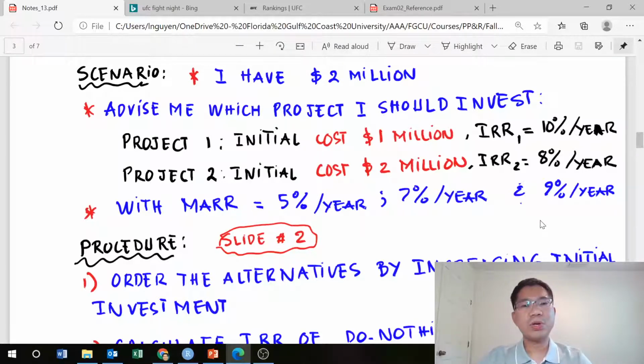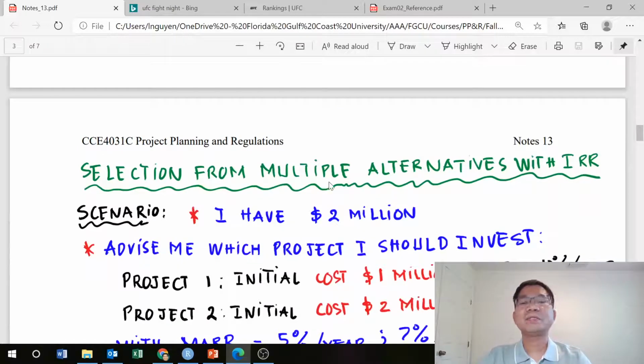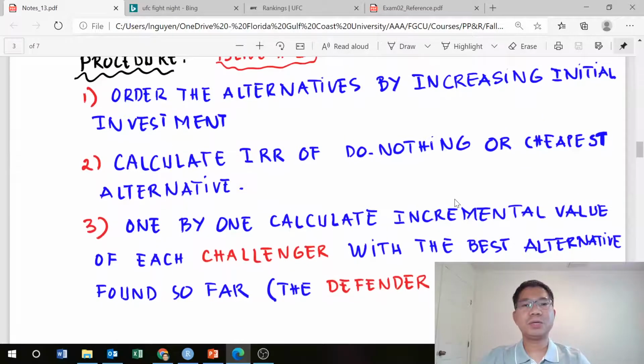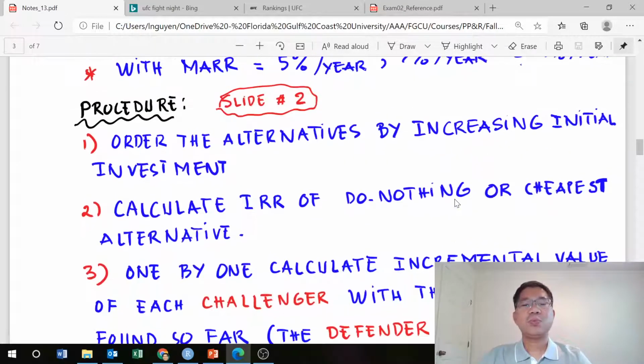And with that, how can we do it? We call it selection from multiple alternatives with IRR. So what is the procedure? First, we order the alternatives by increasing initial investment.